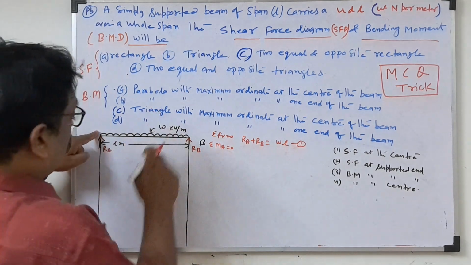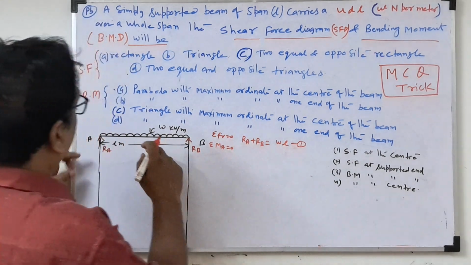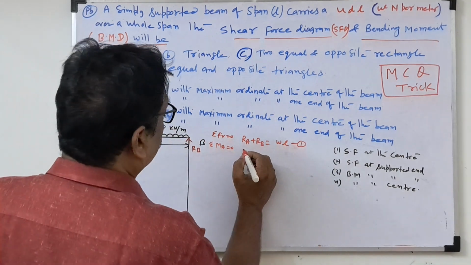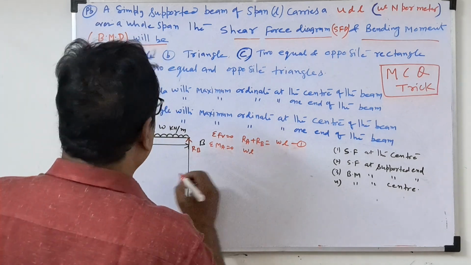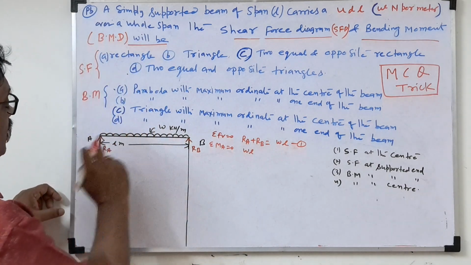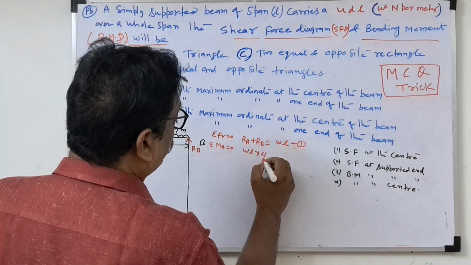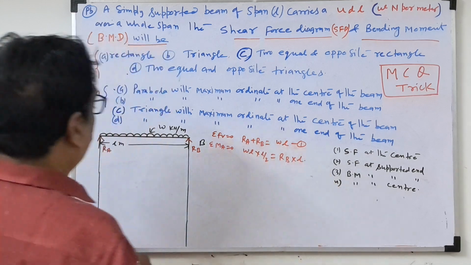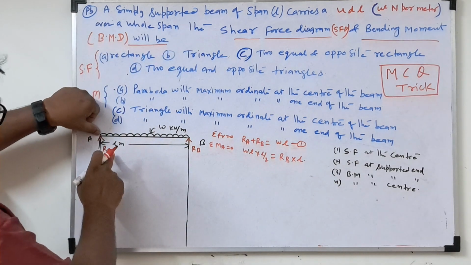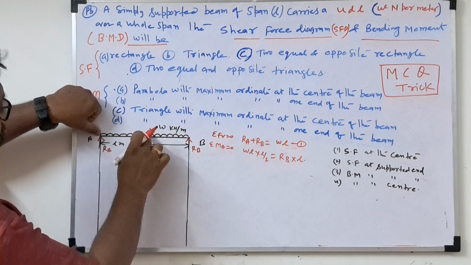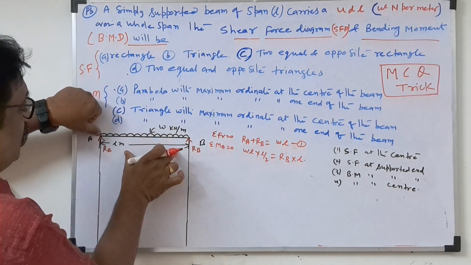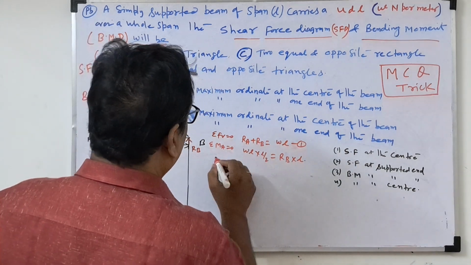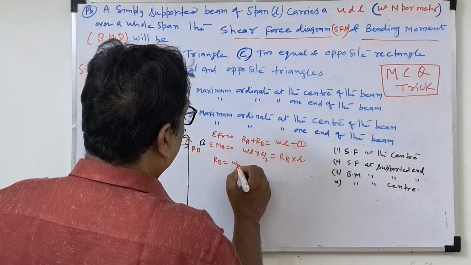Moment about A is 0, so total clockwise is equal to total anti-clockwise. The UDL will come clockwise. The load is W into L, and for the moment we take the half distance, L by 2, equal to RB into L. So RB is equal to WL by 2.